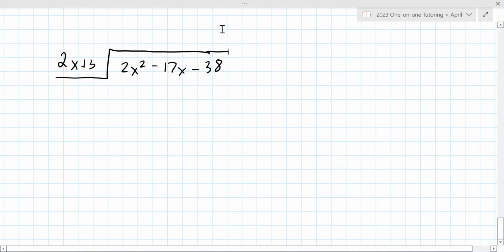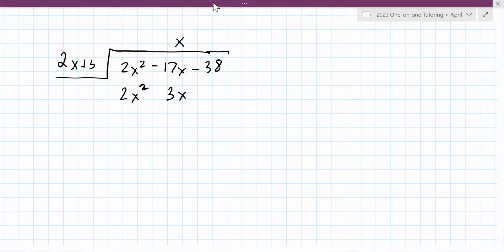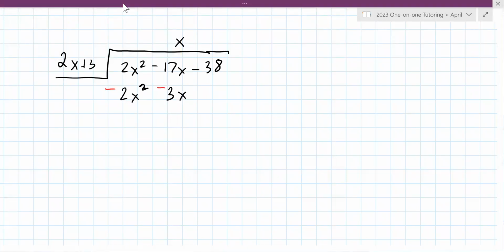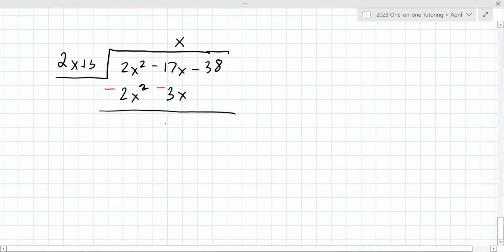All right, so just like the previous problems, you're going to figure out what do you multiply the 2x by to get 2x squared, and it's x. Take that top term, multiply by each of these, so that's 2x squared and 3x. Then you change the signs. And then you add, so in this case it's minus 20x. Bring this down, minus 38.